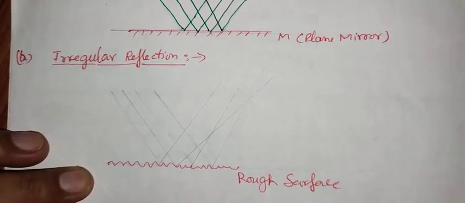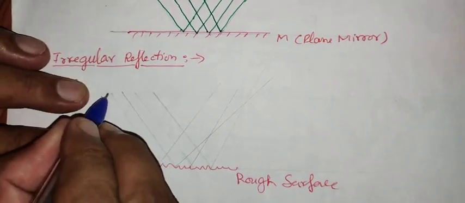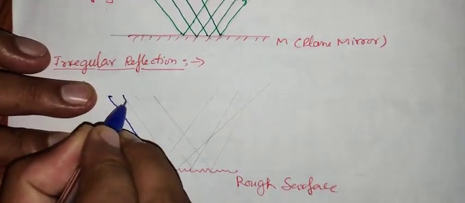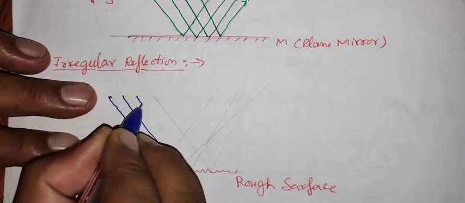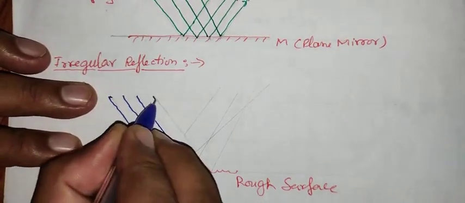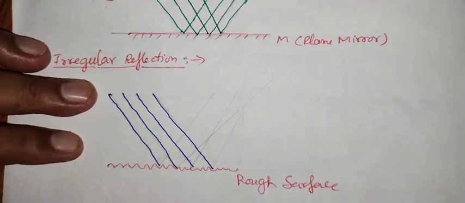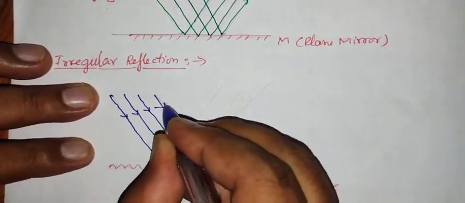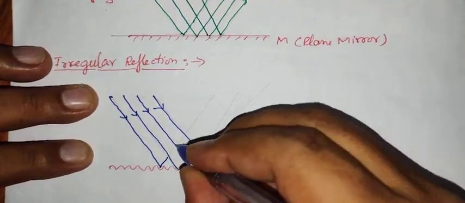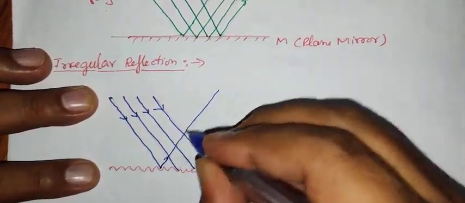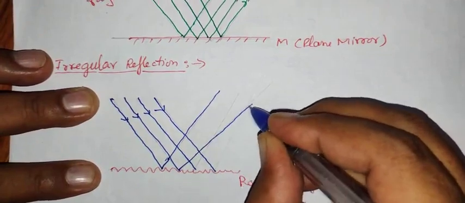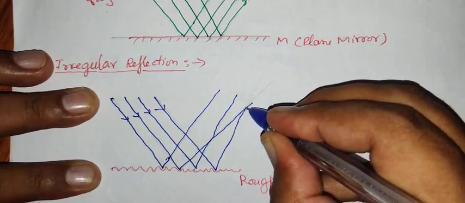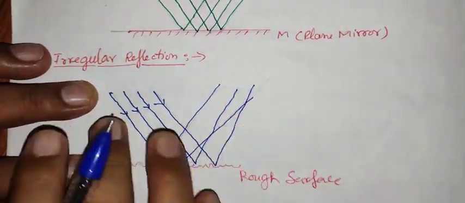So on this rough surface, if we take a parallel beam of incident light and it is reflected back, according to the diagram, the reflected rays are not parallel.